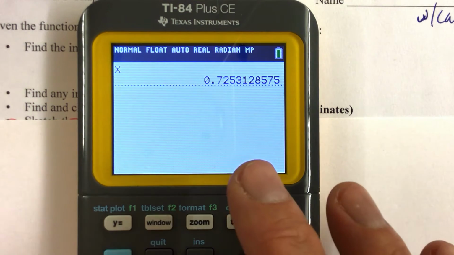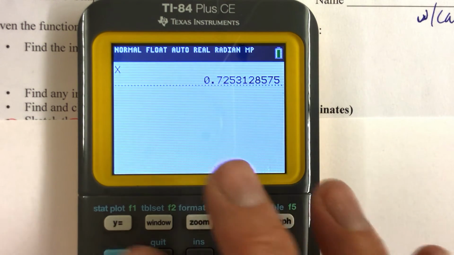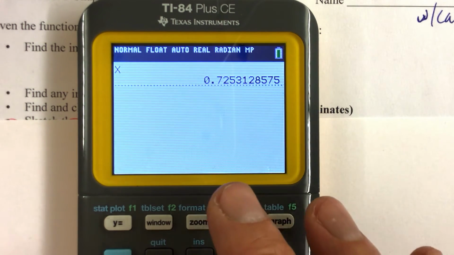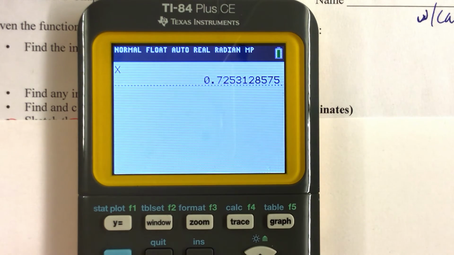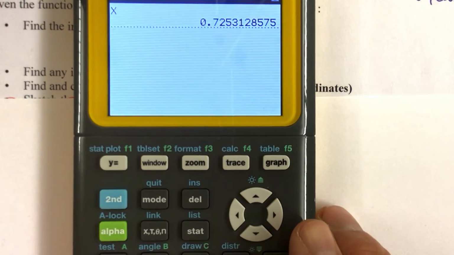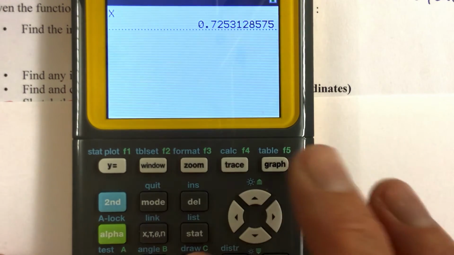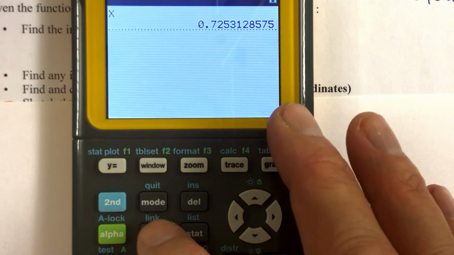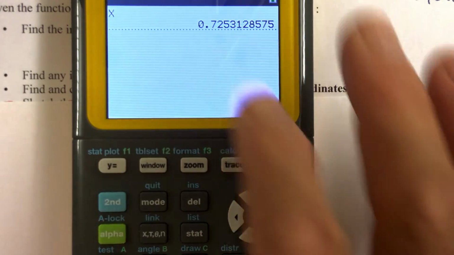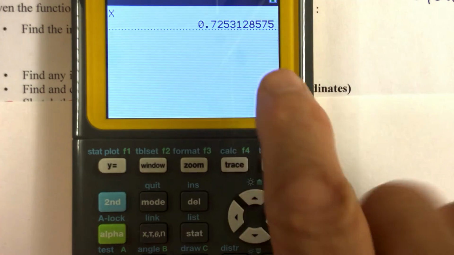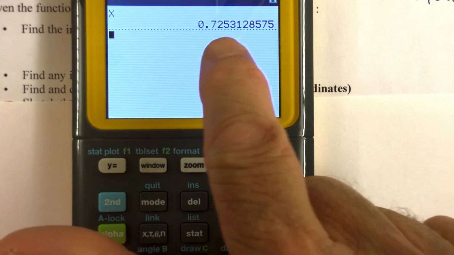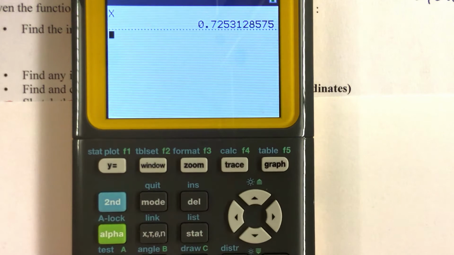So get a clear screen by hitting second quit, and then push the independent variable button, the one right there, just to the right of the green one, and then hit enter, and now that x-intercept for f prime pops up on the screen, and we want to store that.